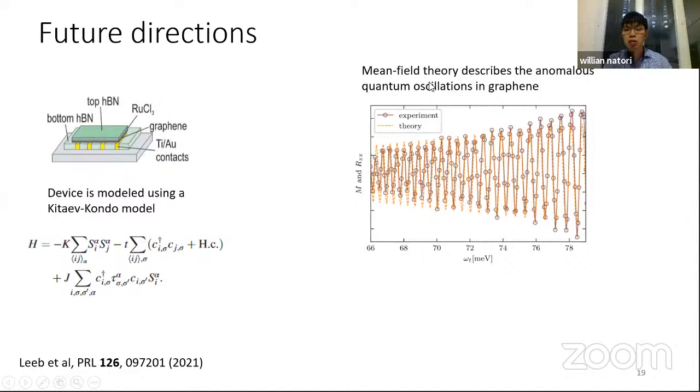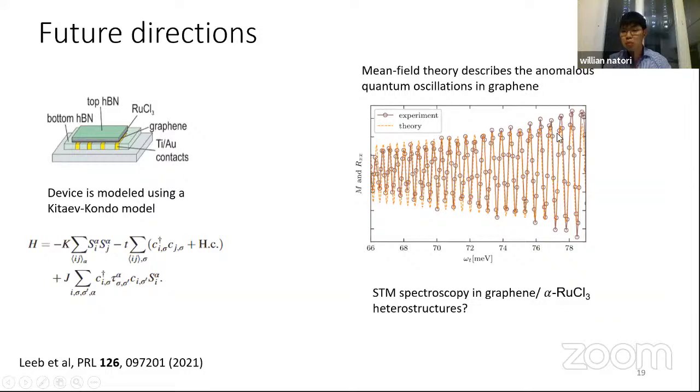And they found some agreement with a mean field theory that considers the hybridization of these graphene electrons with fractionalized excitations in quantum oscillations.